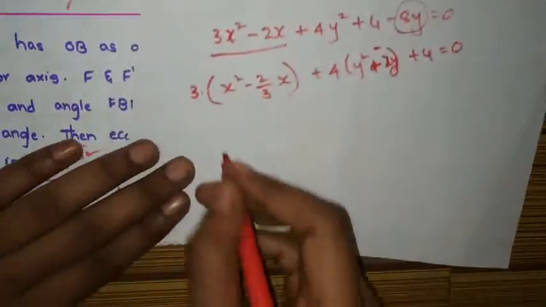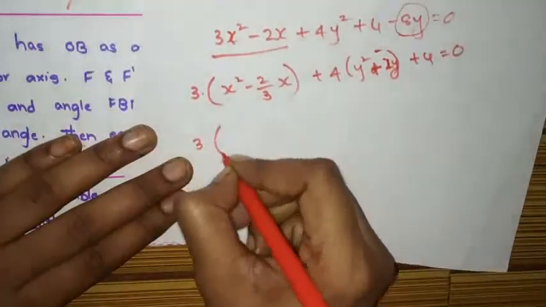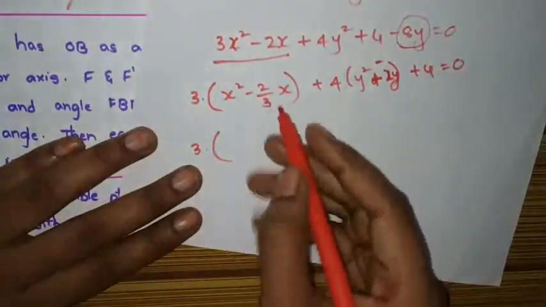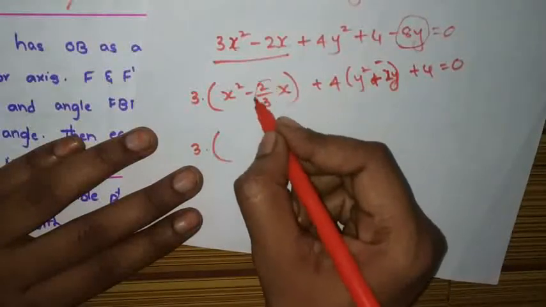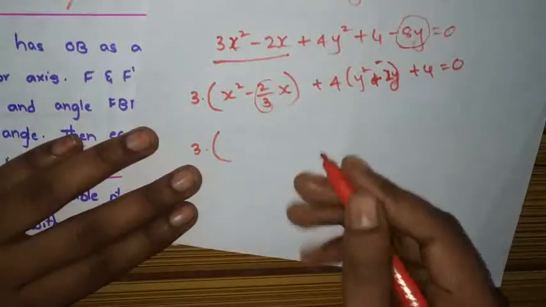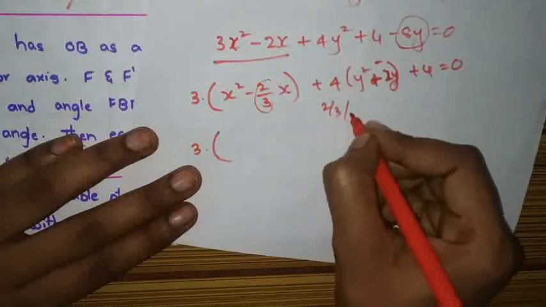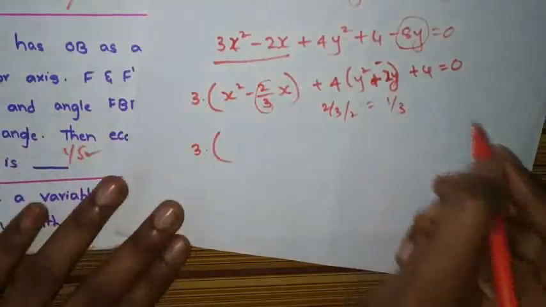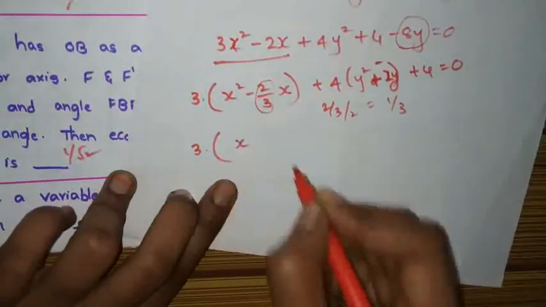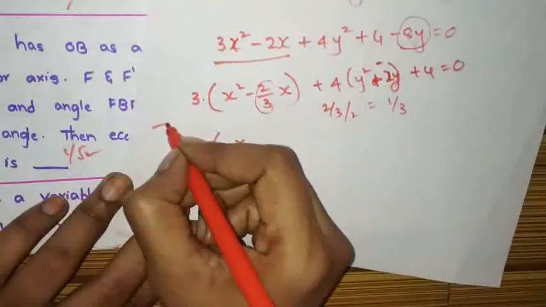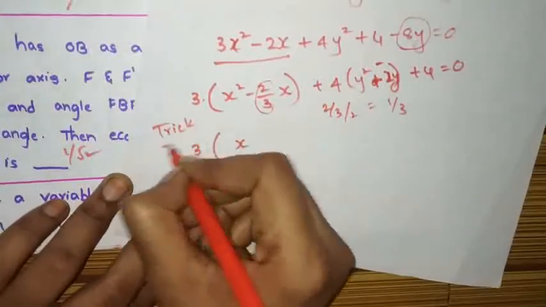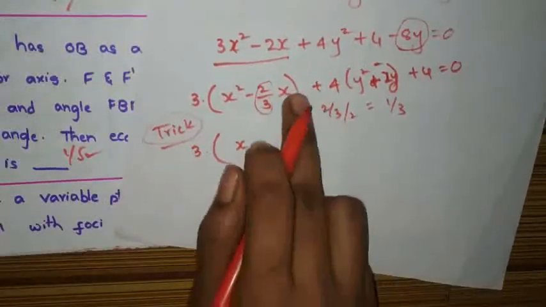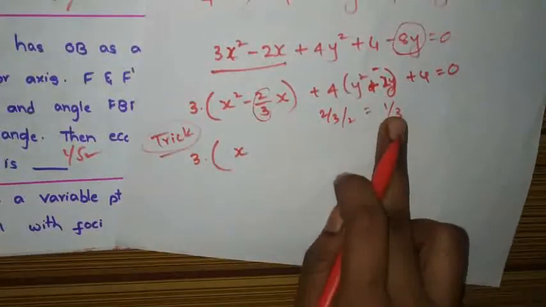Okay. Now I'm telling you a trick here. Whatever the coefficient of x, 2 by 3, take that half. When you halve 2 by 3, it will become 1 by 3. So the coefficient of x, you take half, 1 by 3.